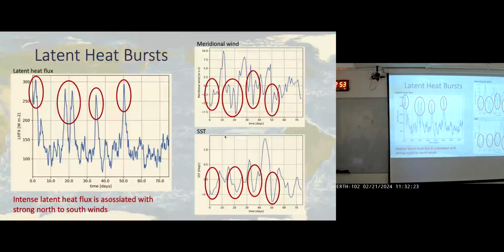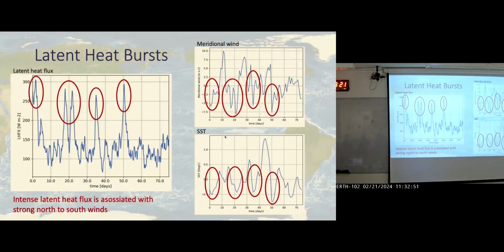This is a time series, so that's an average over the domain that I just showed. When we look at the 75-day simulation, what we see is that we have 5 specific cases where we get very high latent heat flux. We call it latent heat bursts. Here I'm showing the average meridional wind.